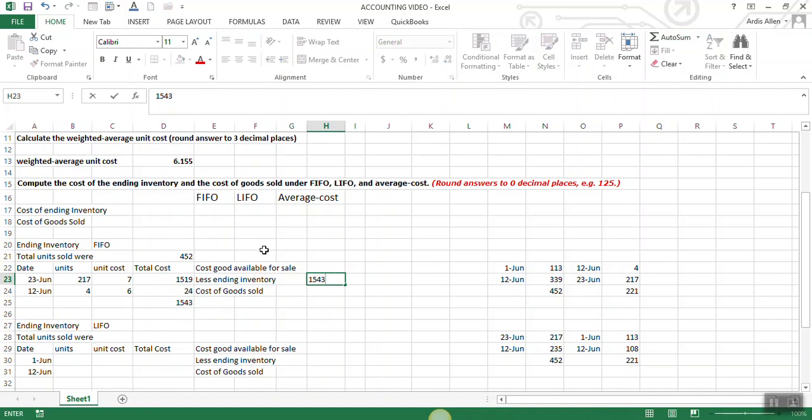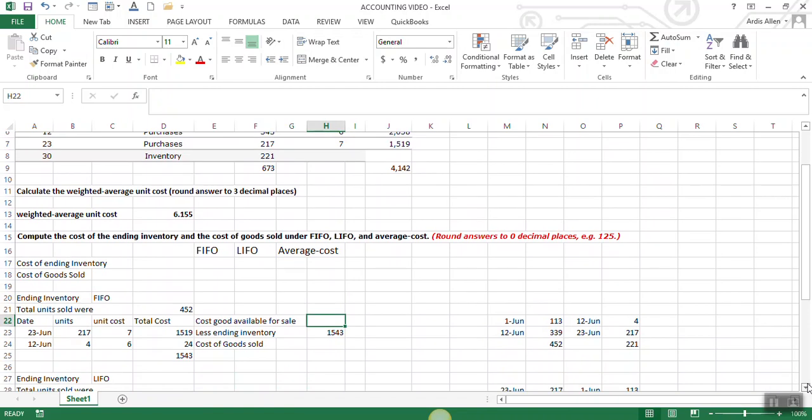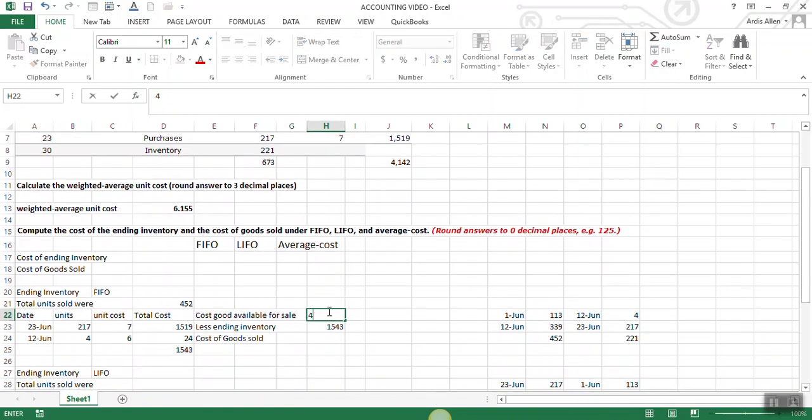So the ending inventory is 1,543. Cost of goods available for sale, as we've already established, is 4,142. And the cost of goods sold is equal to cost of goods available for sale minus ending inventory, which gives us 2,599.